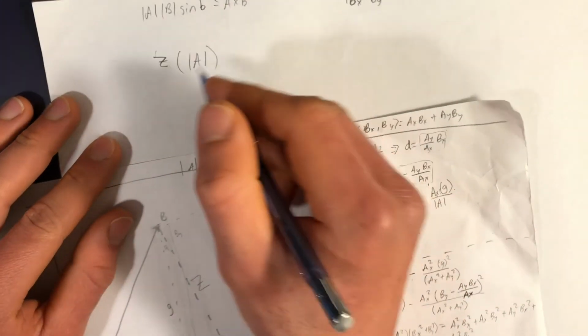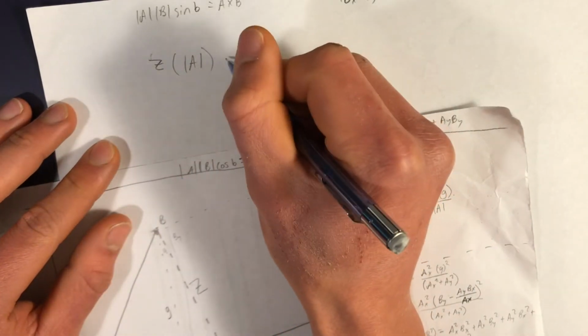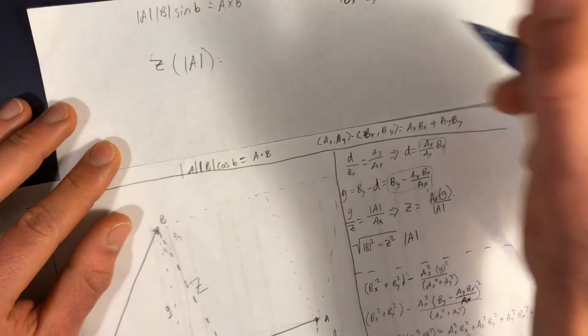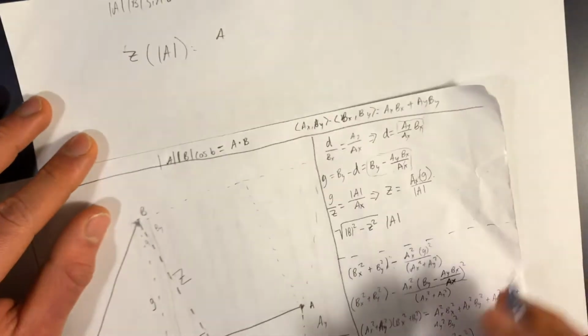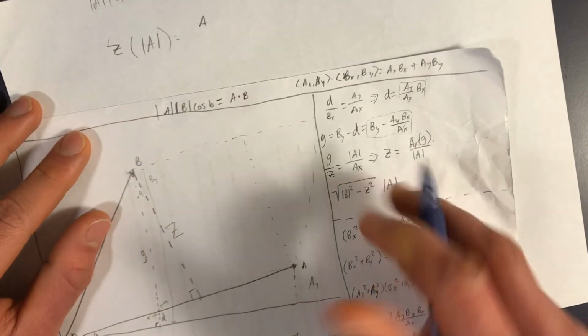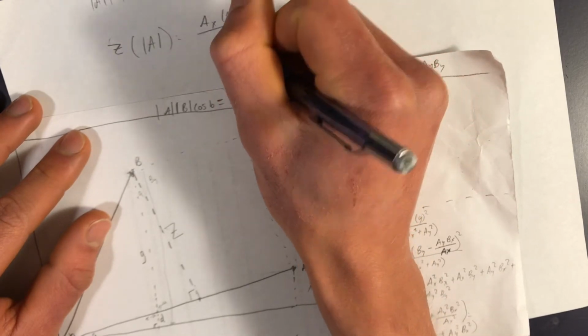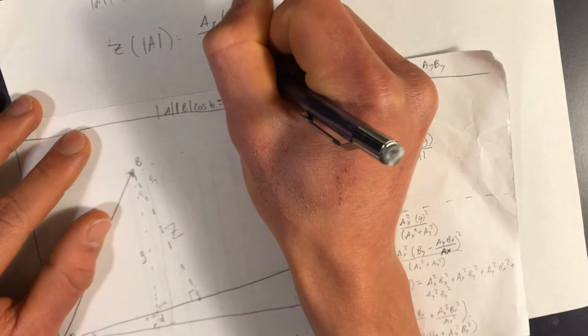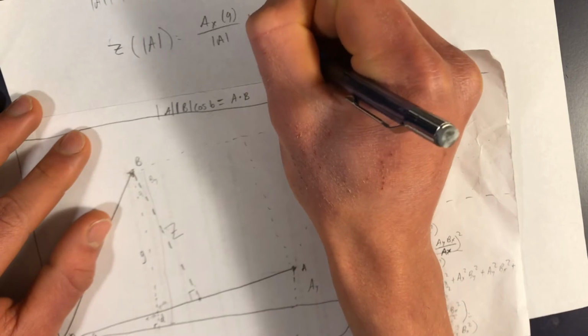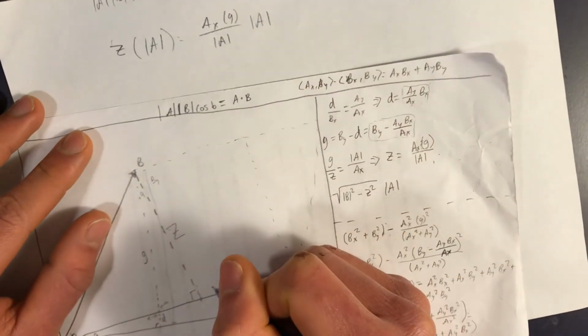We got, okay, you guys can see Z's right here: AX G over the absolute value of A, times A.